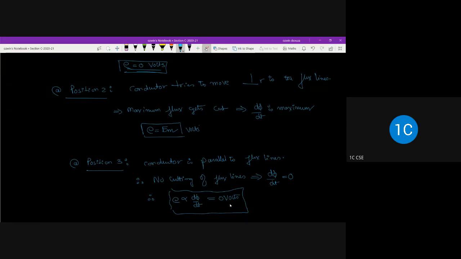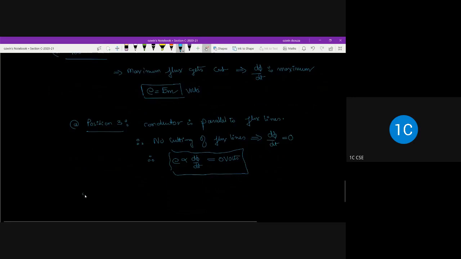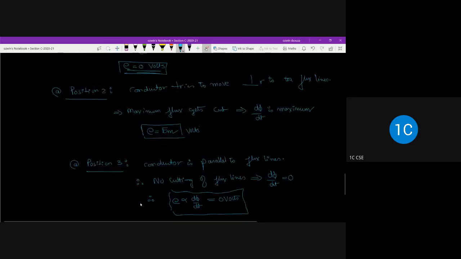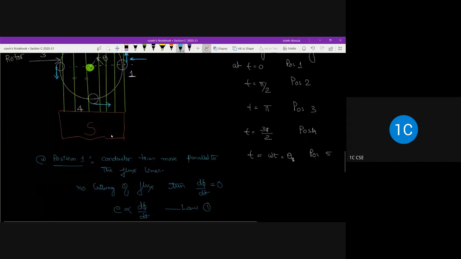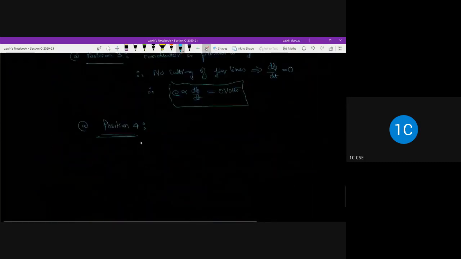On the other hand, when the conductor occupies position 4, the movement of the conductor is such that it is trying to move perpendicular to the flux lines, and therefore the induced EMF is going to be maximum.